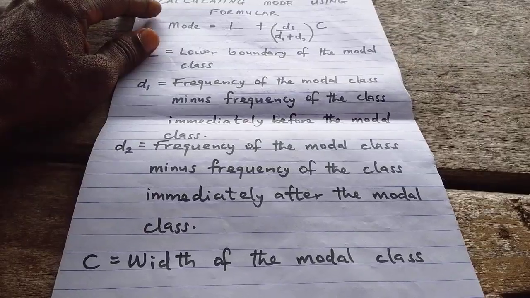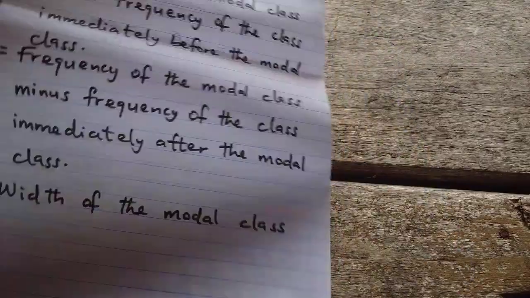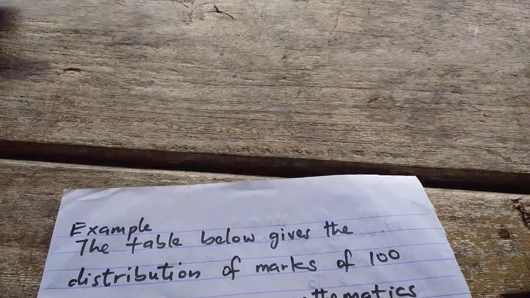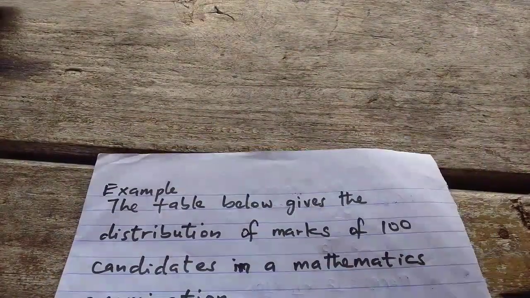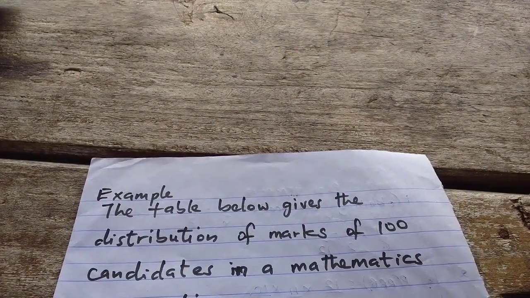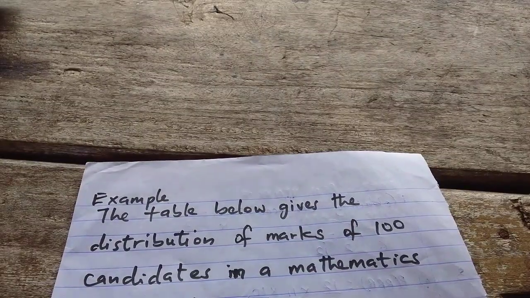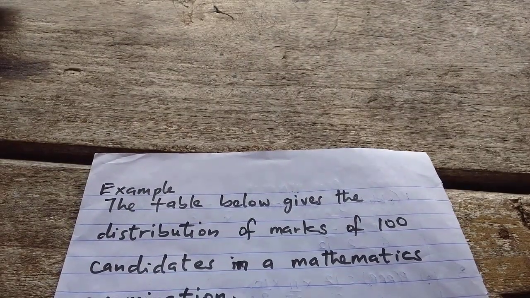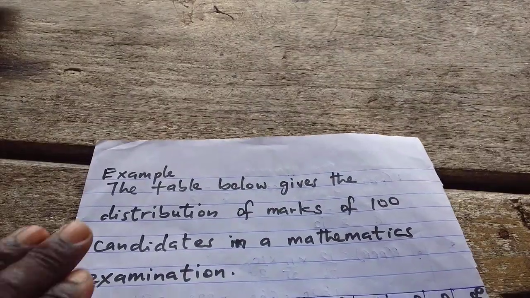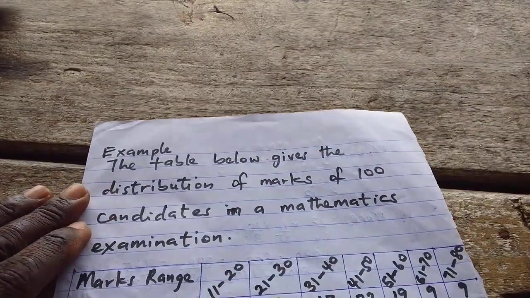To buttress this, let's consider this example. The question says the table below gives the distribution of marks of 100 candidates in a mathematics examination.